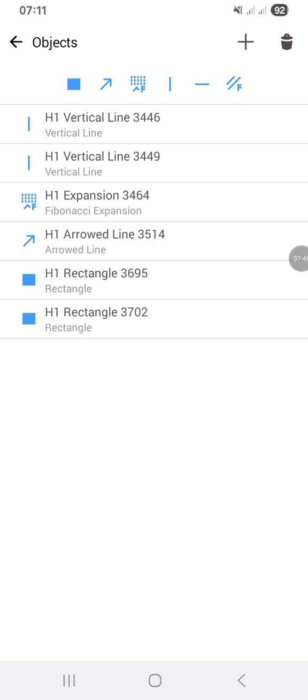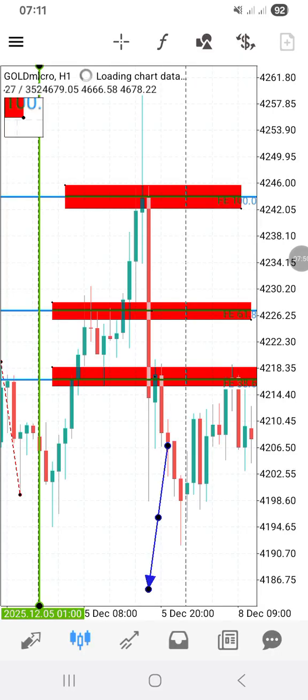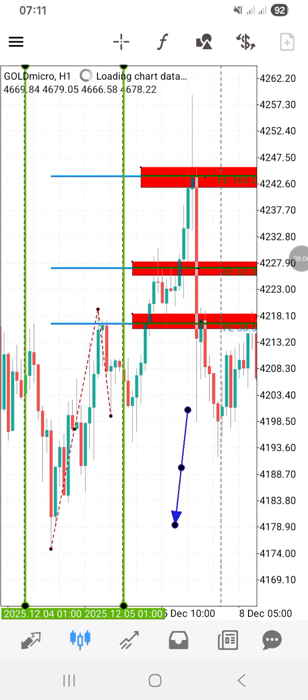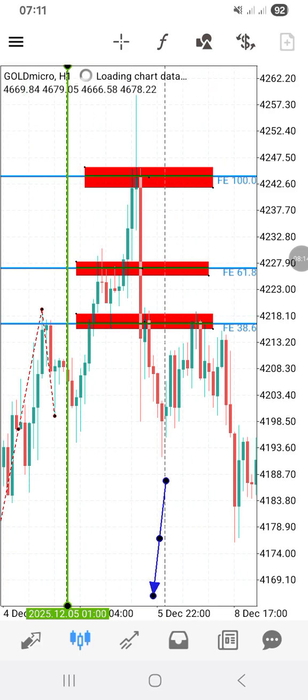I will show you how to place a Fibonacci based on this supply, because now you only have these supply points or the resistances only, right? So what about when it goes down, right? I will show you how to place Fibonacci on this day to get these lines and also lines below, right? And I think you already know that.